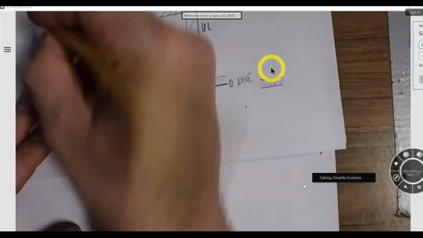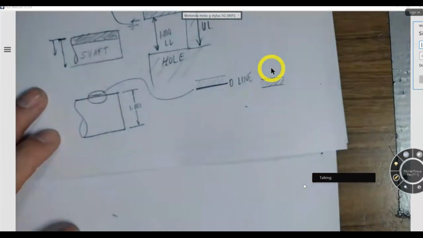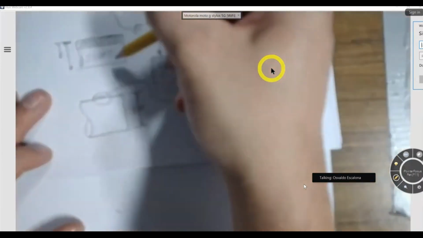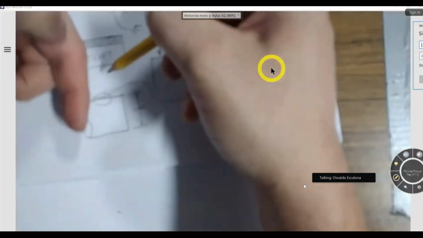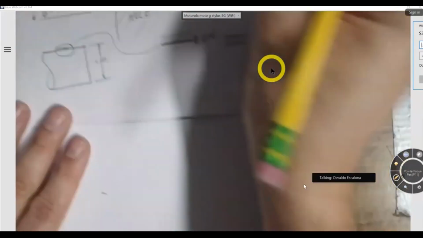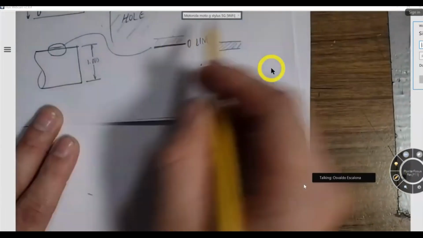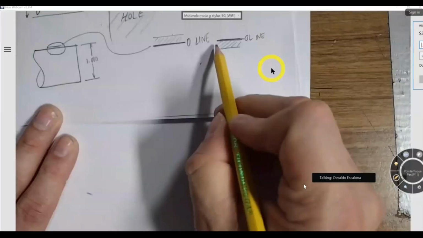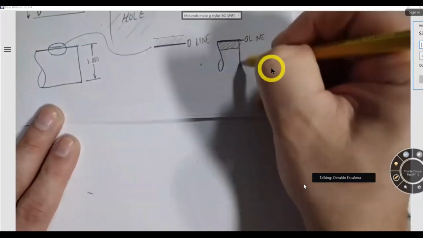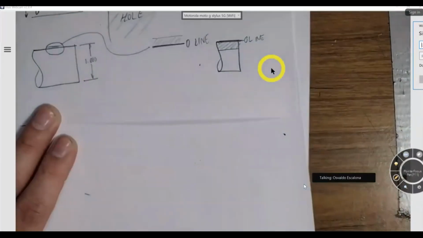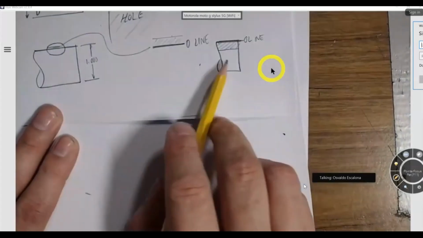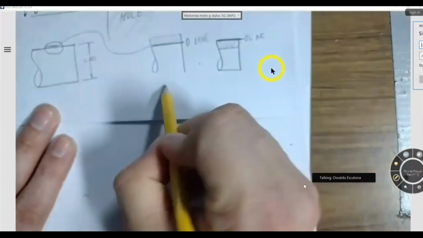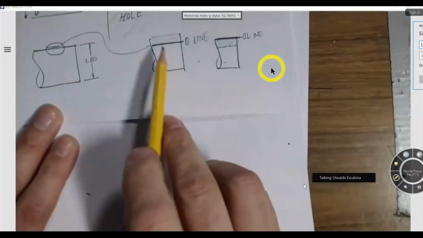And I just want to make sure that we always go that direction. So that means I will get to the base dimension and I only go down. That makes sense? So again, I'm just looking at that line, and this is the zero line. My tolerance zone will be here. That means that my part can only get smaller if it's like that, right? And if I were to put it on the top, that means that my part can only get bigger. You guys see it? So I'm playing with my tolerance.